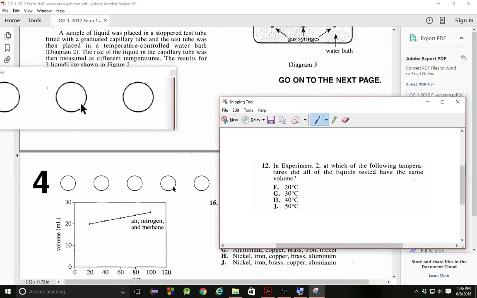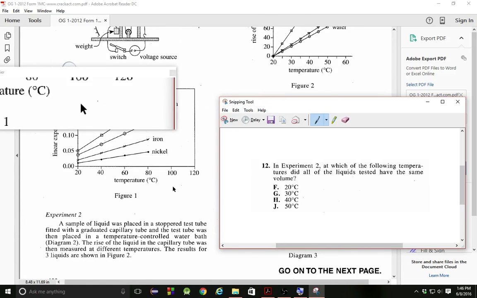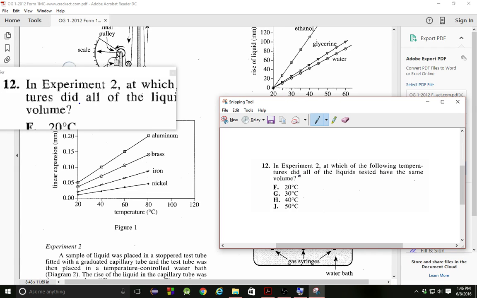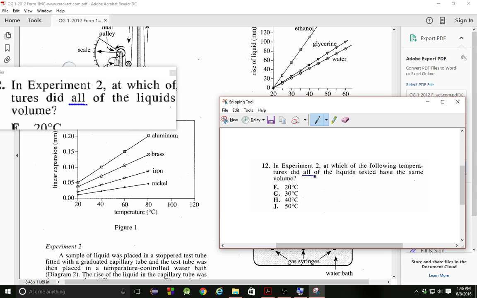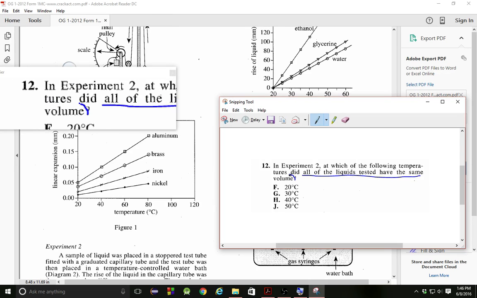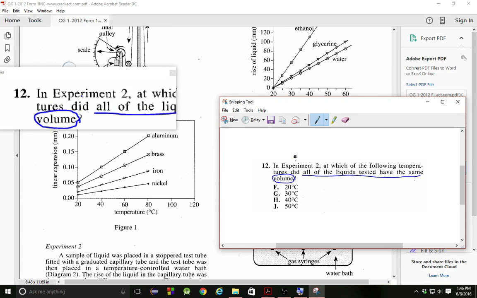So let's look at Experiment 2 and look at the graph. So we're looking for where all the liquids have the same volume. Same volume.